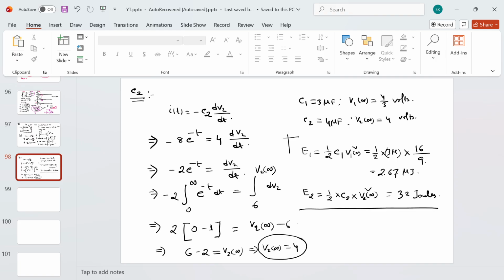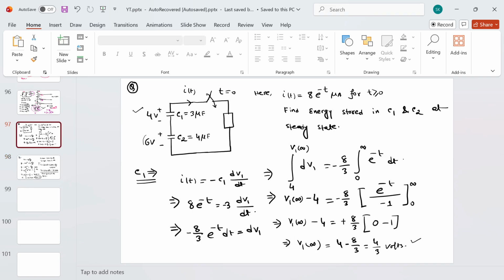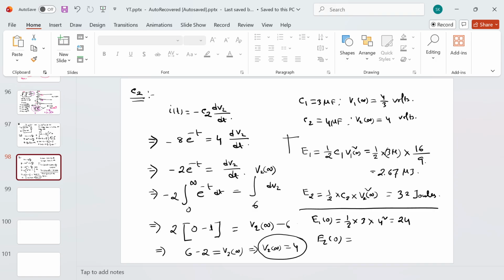What is the initial energy? Initial energy was E1 0, half into 3 into the initial voltage, which was 4 volt, and E2 0 with 6 volt, right? So you'll get 3 into 16 into 0.5, which is 24 microjoules, and E2 0 is half into 4 into 6 square.